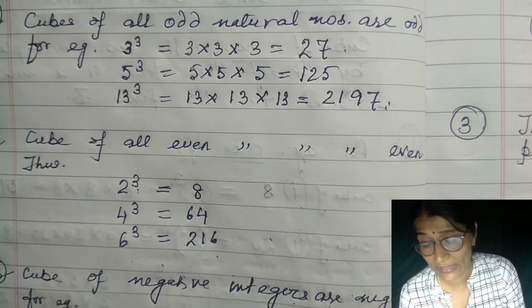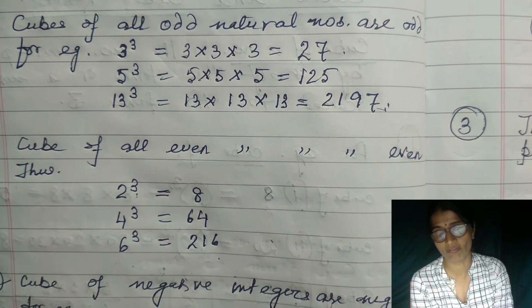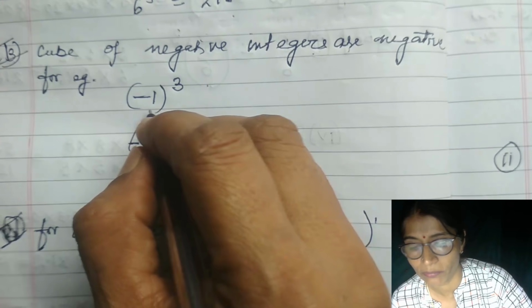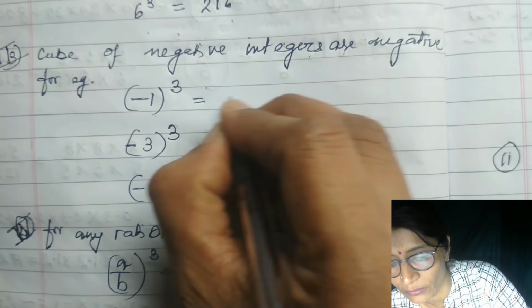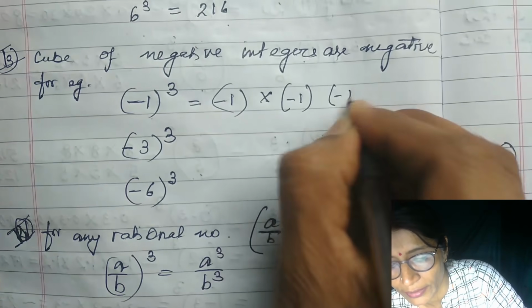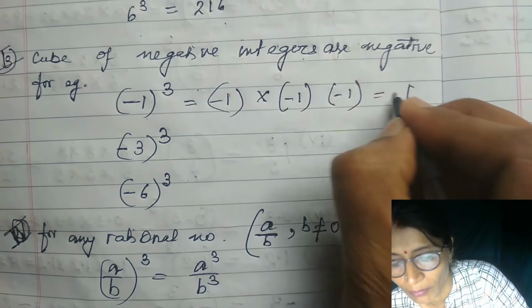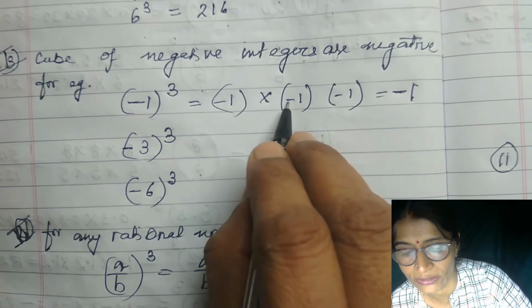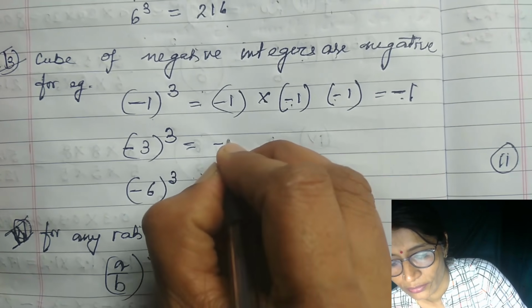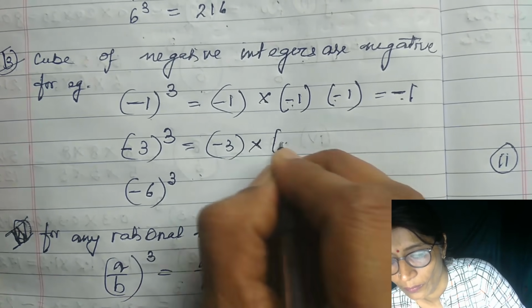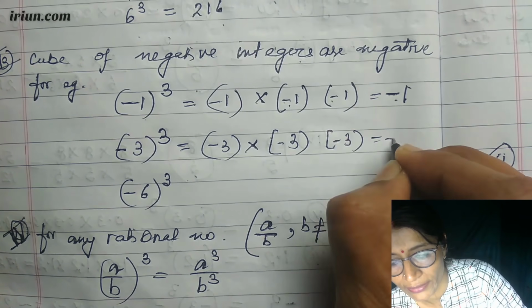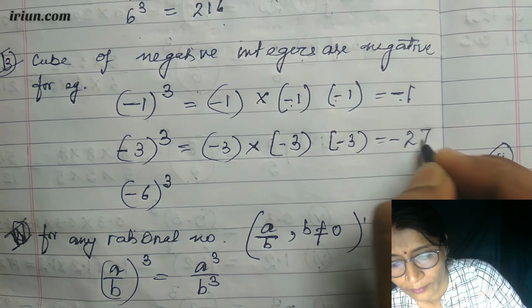Now next, the cube of a negative integer is always negative. So minus 1 whole cube is minus 1 into minus 1 into minus 1, and that is equal to minus 1. Why? Because minus minus is plus, again plus minus is minus. Next, one more negative number: minus 3 into minus 3 into minus 3 is minus 27.